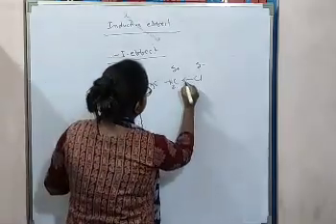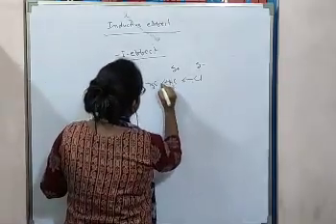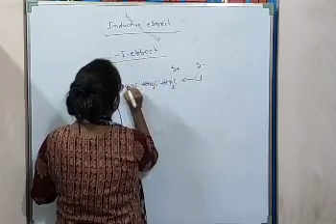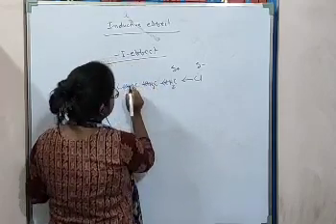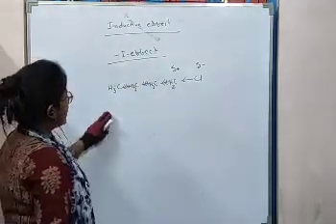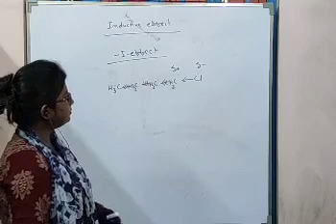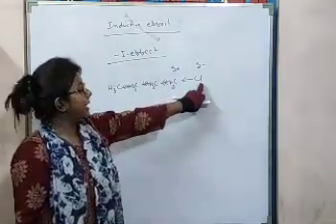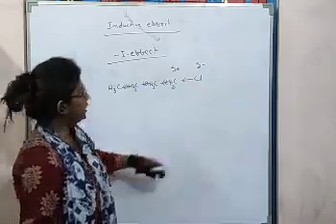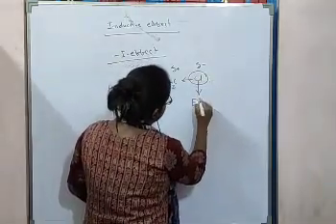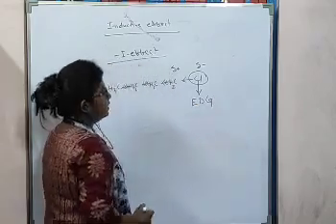So this effect is called the minus I effect. Here chlorine plays the role of an electronegative or electron donating atom. This chlorine is an electron donating group.